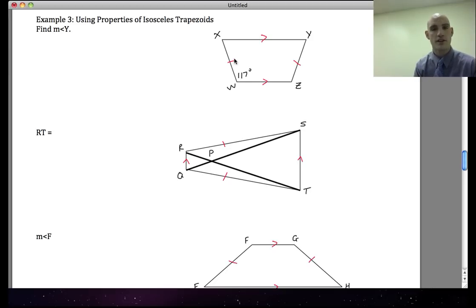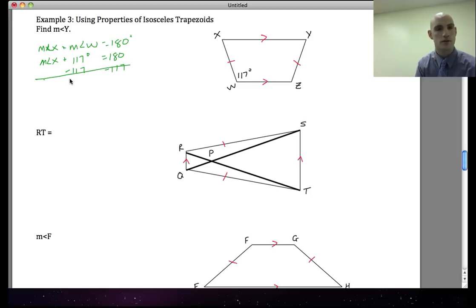Well, we know that if these two lines are parallel, then the measure of angle X plus the measure of angle W is equal to 180. Well, what we'll do is we'll substitute because the measure of angle X we don't know, but we have 117 here. And so when we solve for this, we end up with something that will give us the measure of actually two angles that we want.